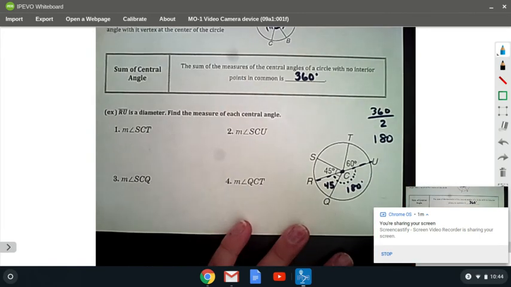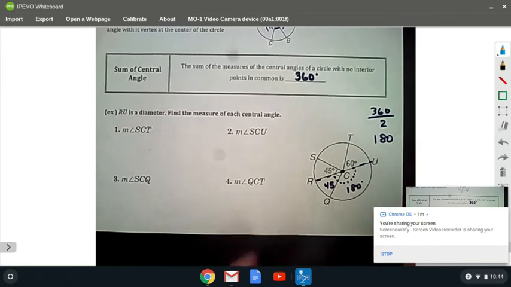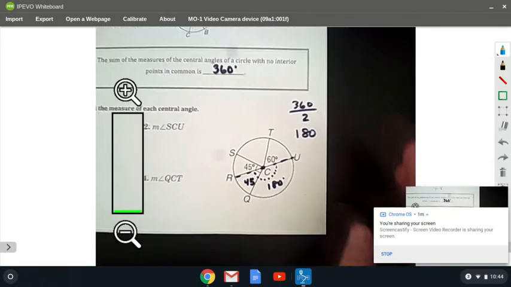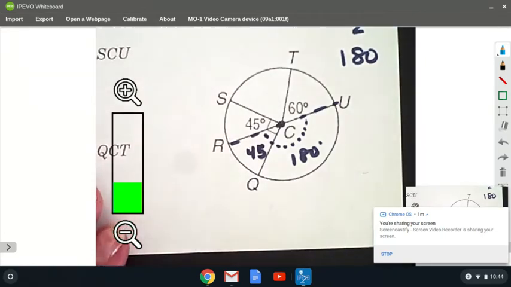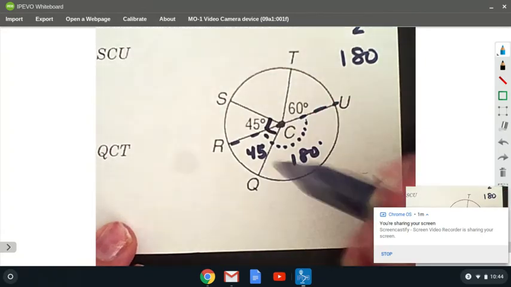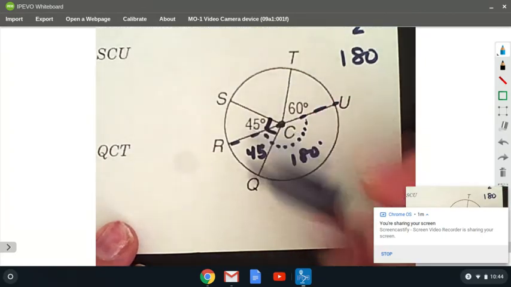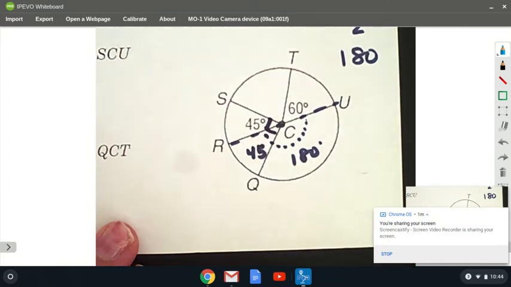So that makes this 45. Just dissecting this little picture here, I'm going to zoom into it. They told you right here, this is a right angle. Half of 90 is 45, so that makes this other piece 45.